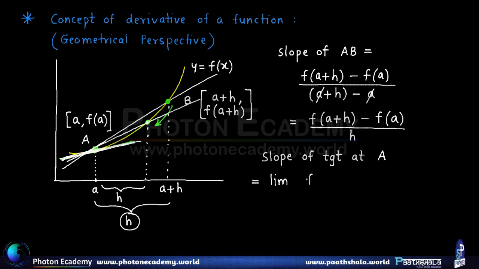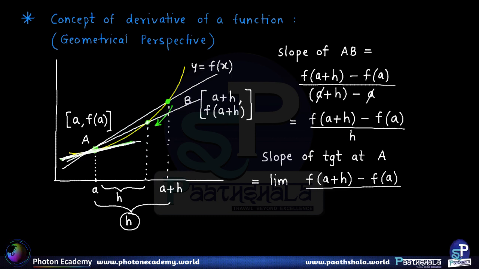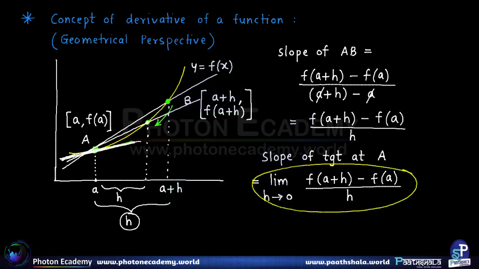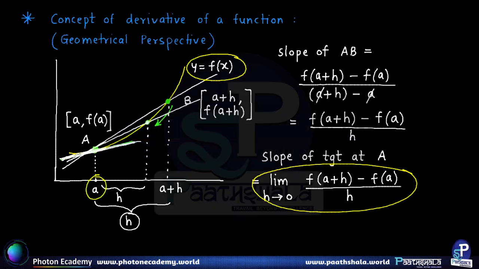So we have to find the limit of the slope of secant, which we have just found above, f of a plus h minus f of a, whole divided by h, and we take the limit as this particular difference h tends to 0. Alright. Now this particular quantity that we have obtained at the end represents the slope of the tangent at A, and that is the concept of the derivative. So this particular limit is called the derivative of the given function, that is f of x, at a particular point which is x equal to a. Right.